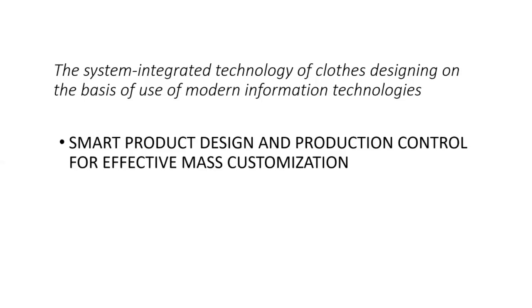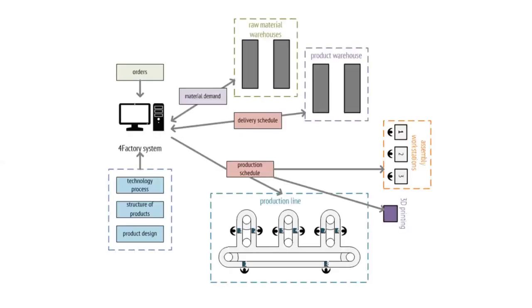So this is the system-integrated technology of clothes design on the basis of modern information technologies, that is, smart product design and production control for effective mass customization. And how does this work on an industrial scale?